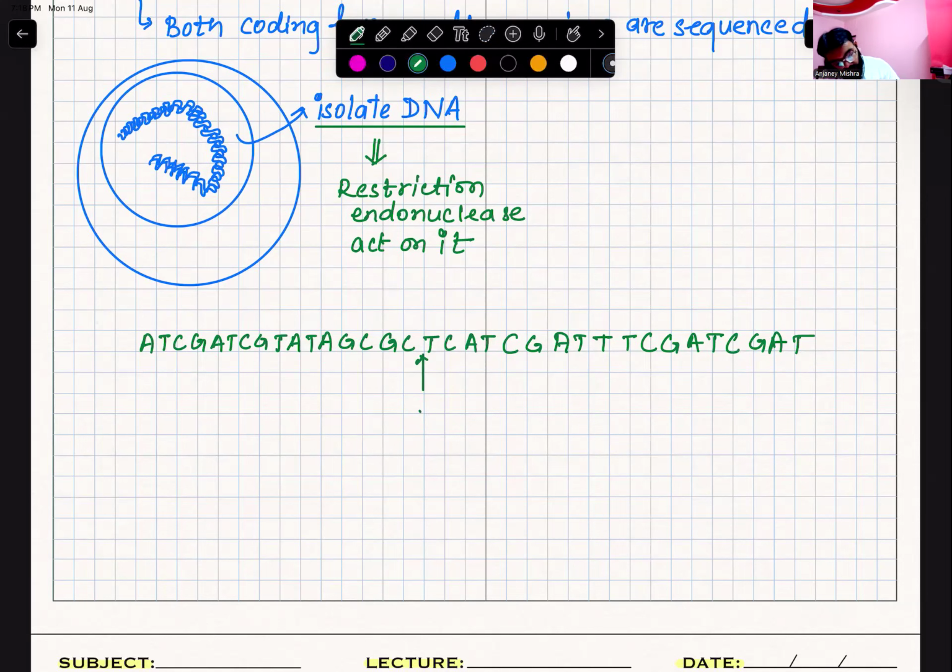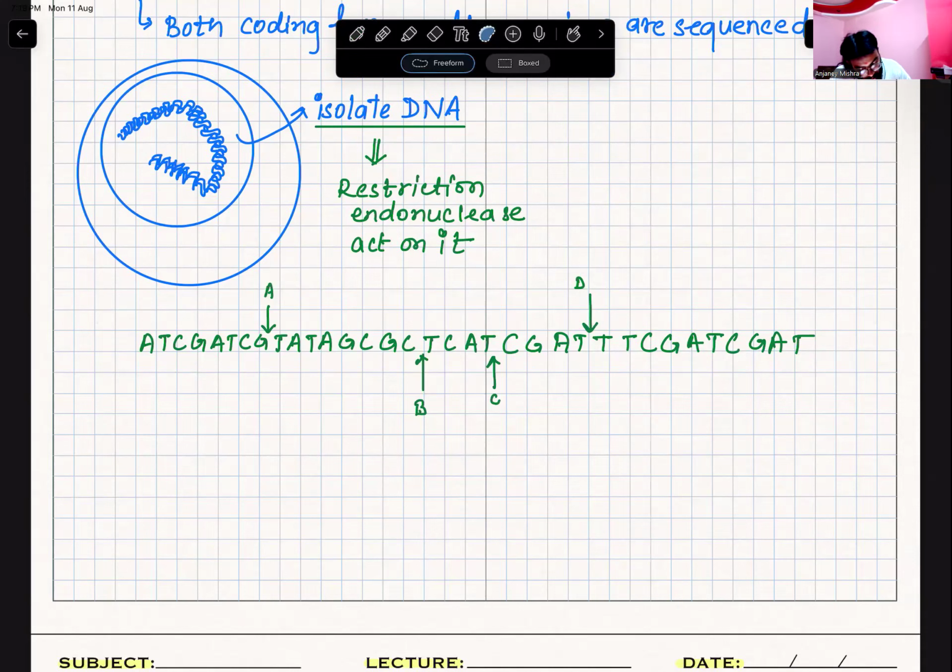The other one is cutting somewhere over here. Then one is cutting over here, and one is cutting over here. There are different restriction enzymes, you have let them go, so they have cut at different points. Let's name them A, B, C, and D. And after cutting, these are the fragments that have been observed.